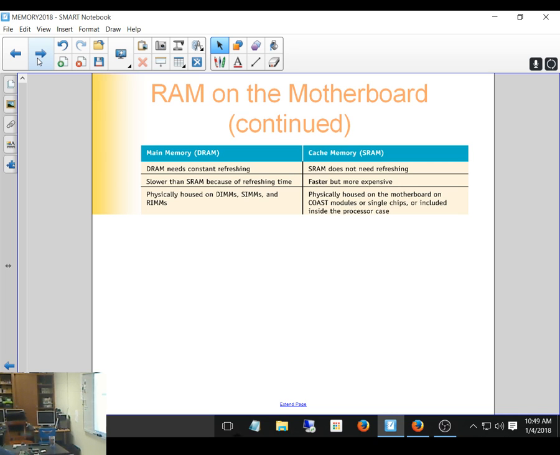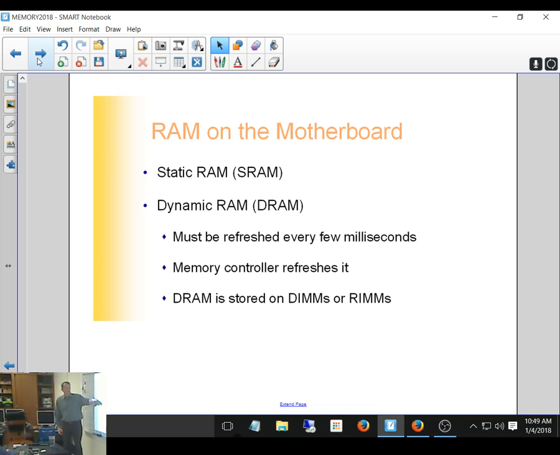So, dynamic RAM needs to be refreshed. It's not as fast, but it's cheaper. Static RAM is faster and more expensive than dynamic RAM. It's made differently, I don't know the physics of it, but it is. So static RAM is what our cache RAM is, and dynamic RAM is what our system sticks of RAM that we put down on our motherboard are.